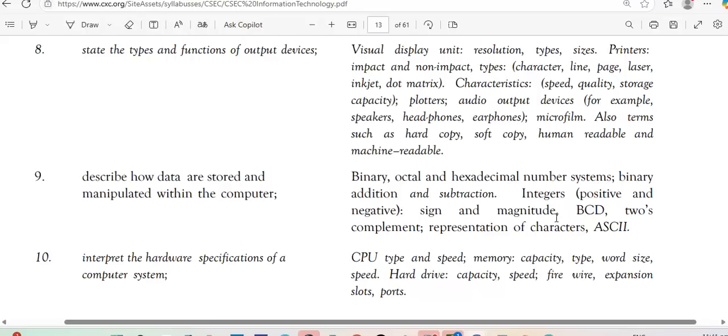Let's look at two's complement. This is another method for representing signed numbers in binary, where the most significant bit indicates the sign and the remaining bits are inverted and incremented by 1 to represent negative numbers. Representation of characters refers to how characters such as letters and symbols are represented in binary code.